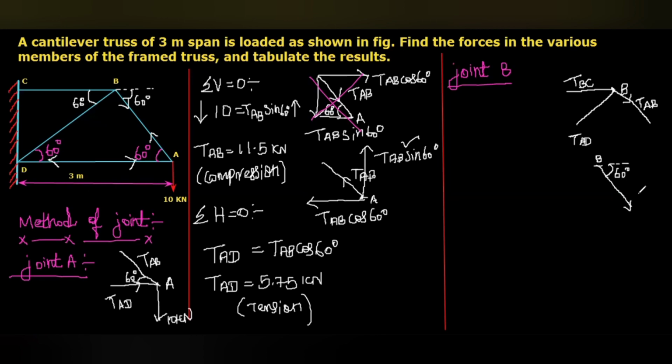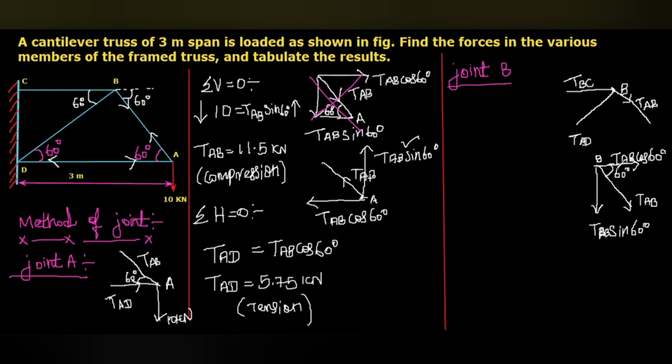If I resolve, the vertical component will act downward, TAB sin 60 degree, and the horizontal component will act towards the right side, TAB cos 60 degree.